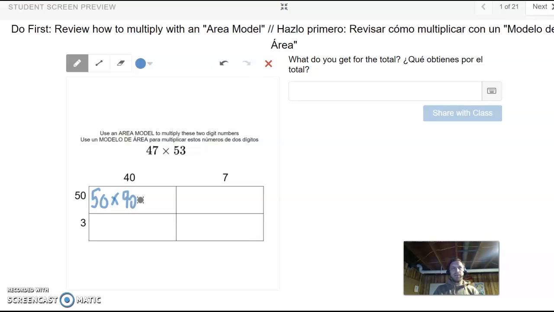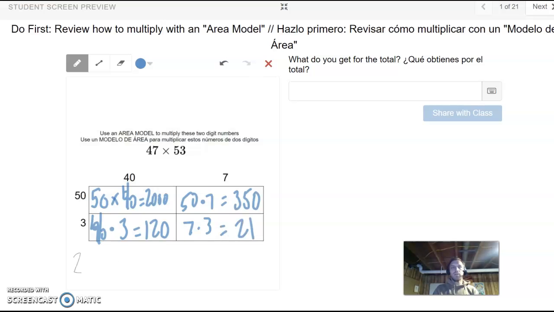So 40 times 50, sorry, that's a 40 times 50, is 2,000. 50 times 7 is 350. 40 times 3 is 120, and 7 times 3 is 21.